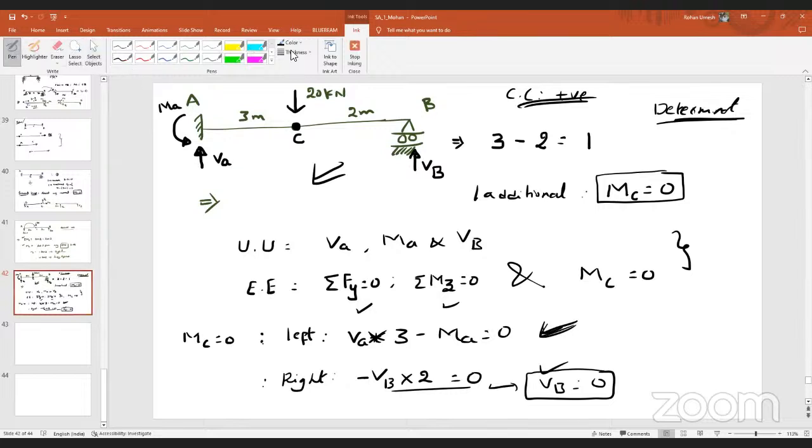Sir, how does the moment about C come as an equilibrium equation? Sorry, I could not hear properly. Can you please type it?